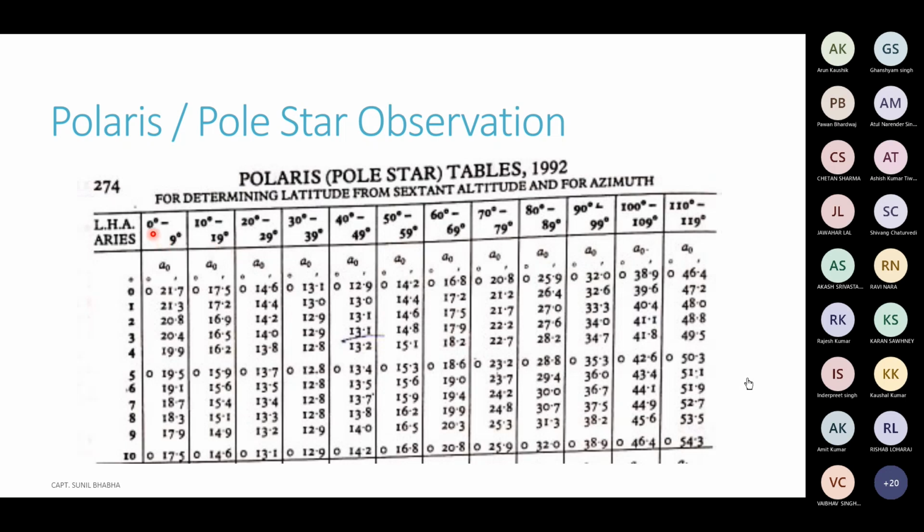You can see the first column is from 0 degrees to 9 degrees 59 minutes. Then the second column is for 10 degrees to 19 degrees 59 minutes and so on. So there are a total of 36 columns representing the LHA of Aries.